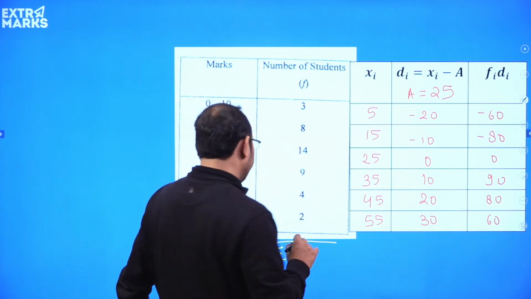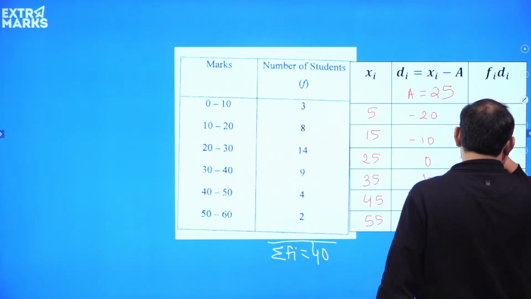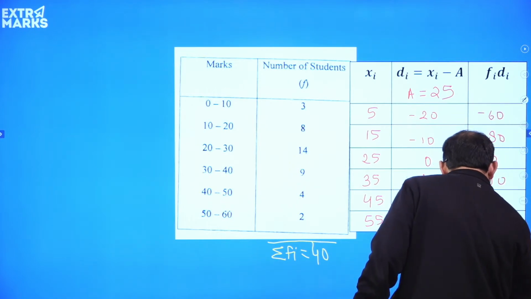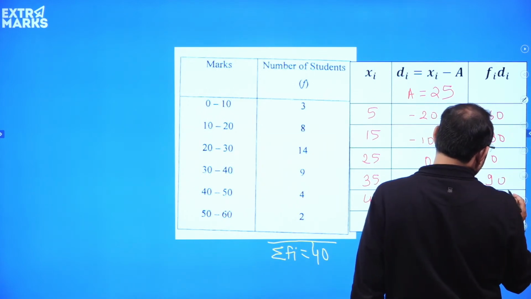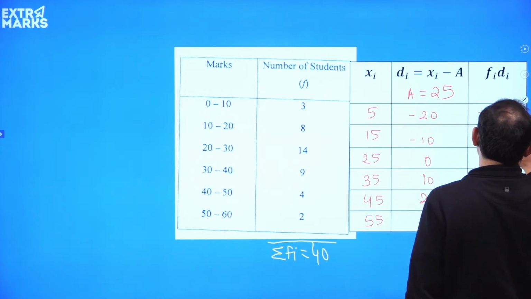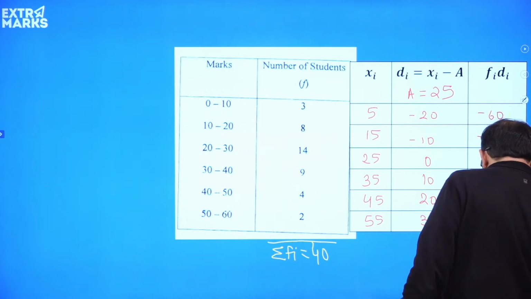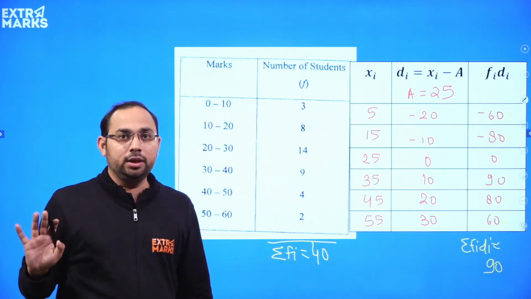That is 40. So fi is clear to you. Then comes fi di. Summation fi di you are supposed to write. Add these all up. So 60, 80 gone. We are left with 90 and that also positive 90. Positive 90. That is it.